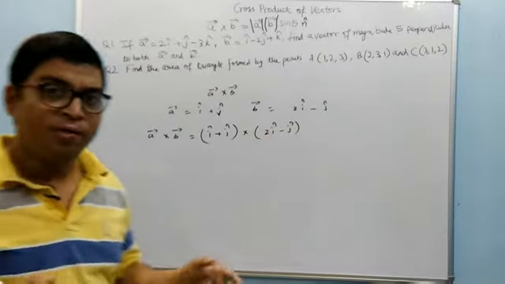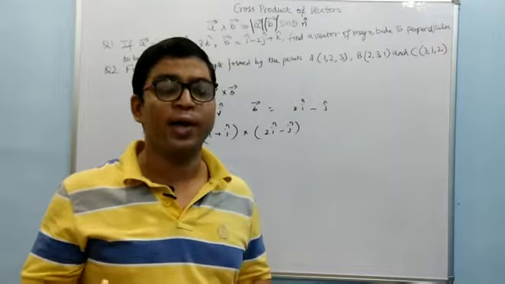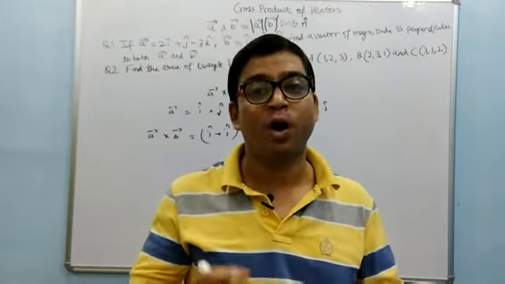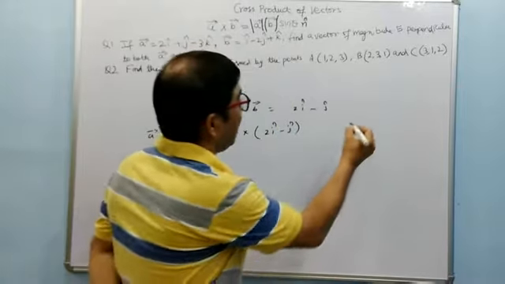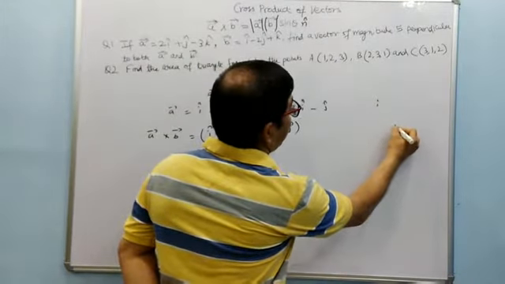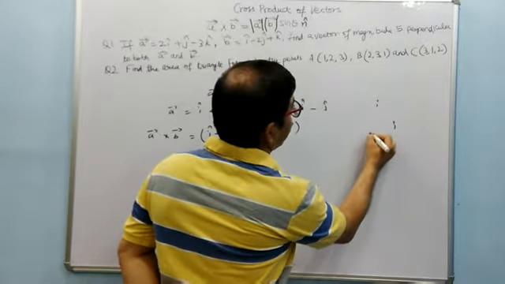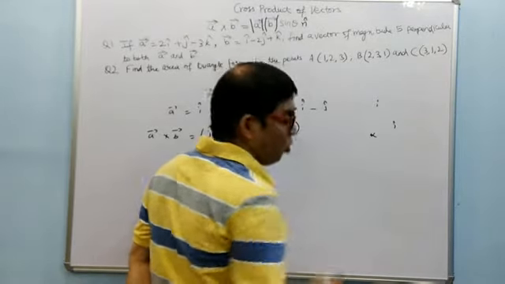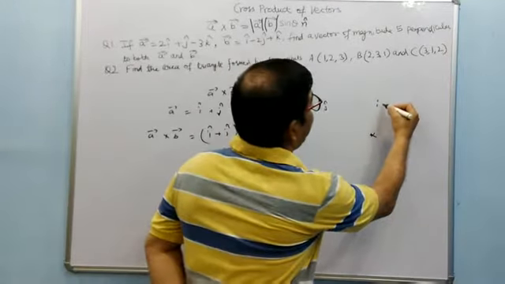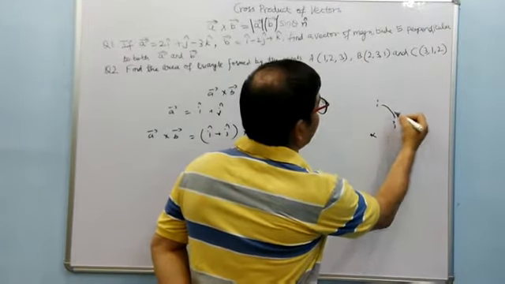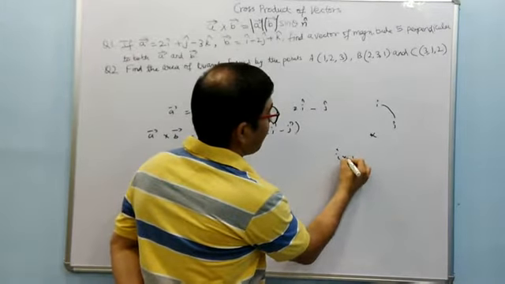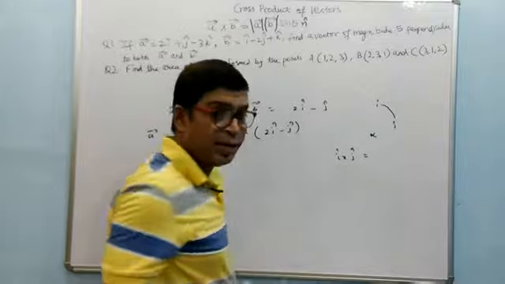See here, for finding the cross product, we should firstly know what is the cross product of the unit vectors. I am just telling in this fashion. You just write i cap, j cap, k cap. Just telling you an easy method to remember. i cap cross j cap is k cap.